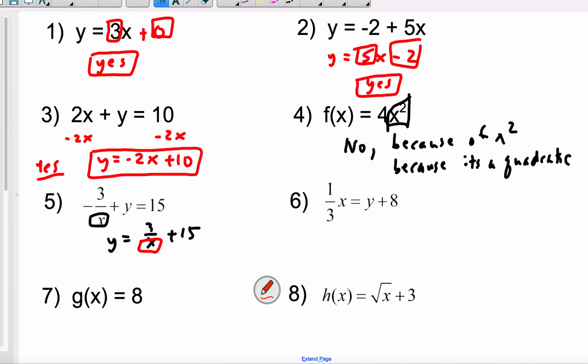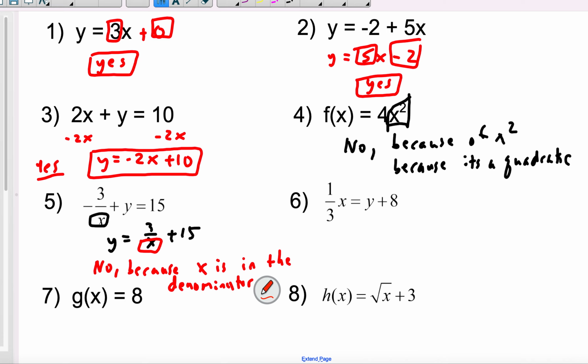There isn't an x in the denominator. You can't have an x in the denominator. So no, because x is in the denominator. Or if you want to name what kind of function this would be, a rational function.